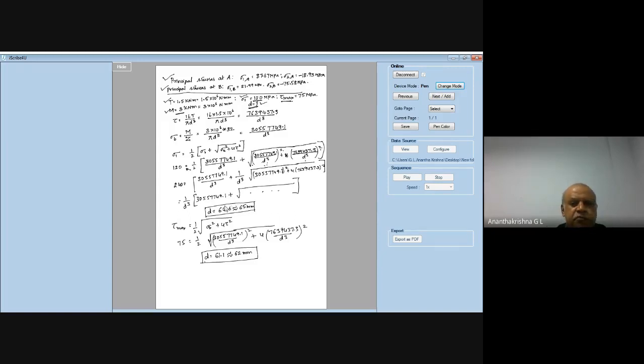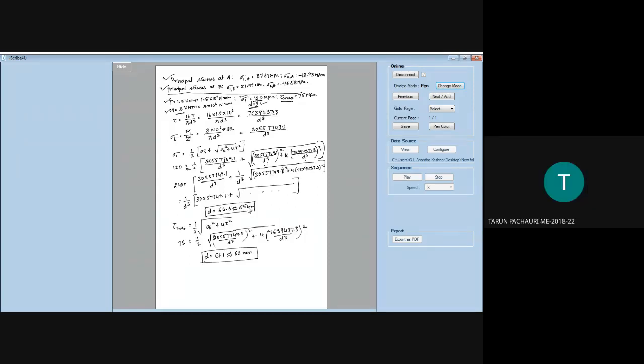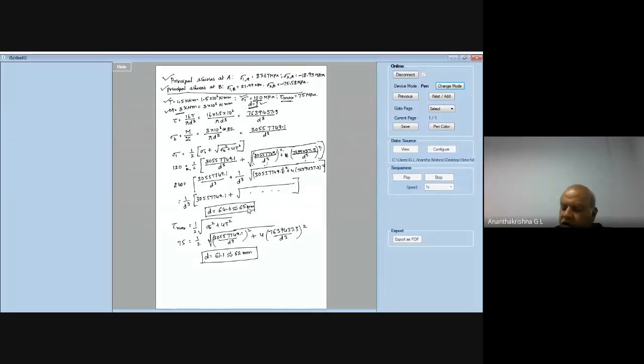Yeah, that's correct. 64.6 we will not take. We'll round it off to the next whole number. Finally, we are going to adopt D is equal to 65 mm. Geometrical dimension, whichever is bigger, we are going to adopt. When it comes to stress, we are going to adopt the smaller value.